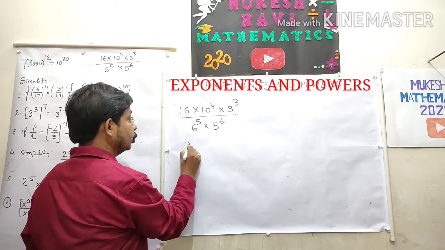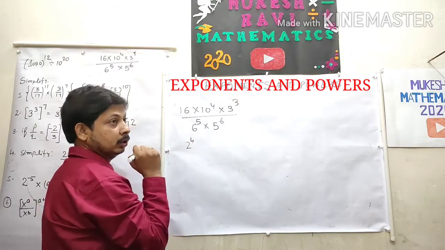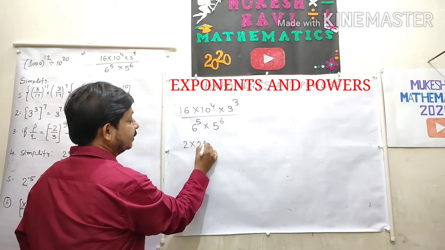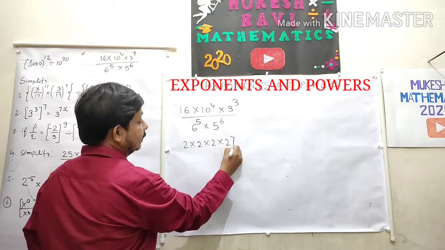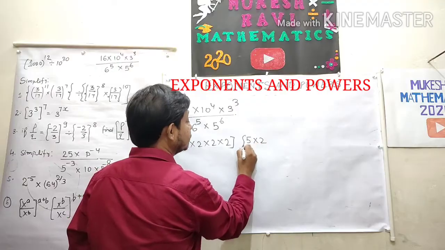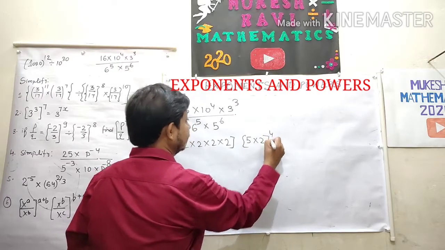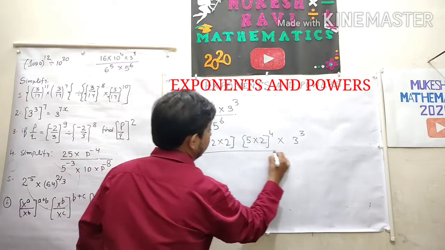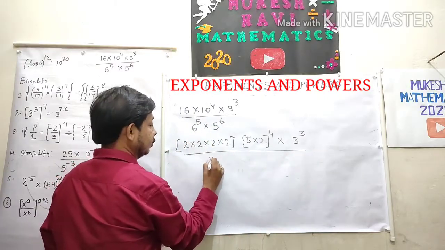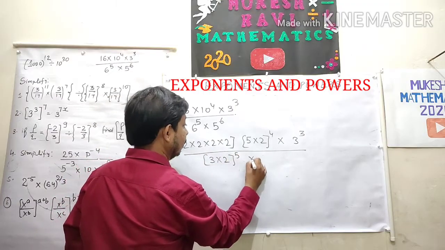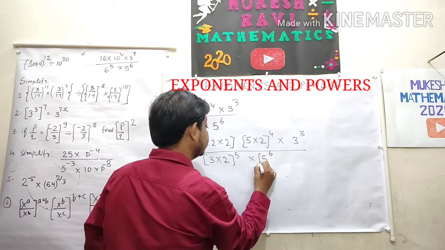No, but indirectly it is given. 16 means 2 to the power 4, 2 into 2 into 2 into 2. For the student, suppose you don't know anything, I am writing 16. 10 is 5 into 2. I am splitting the value into like terms, and 3 is already a prime number. Now 6 is 3 into 2, so 6 to the power 5 is 3 to the power 5 into 2 to the power 5, multiplied by 5 to the power 6.